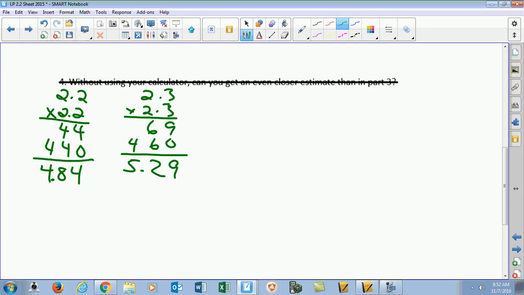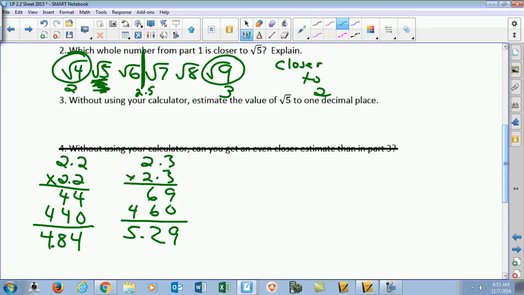So 2.2 would be pretty accurate, because 2.3 is bigger than the square root of 5, bigger than the original 5. So very good, we'll go with 2.2. That's how you can use some math to back up that statement. You want to be as close to 5 as possible for your answer without going over.